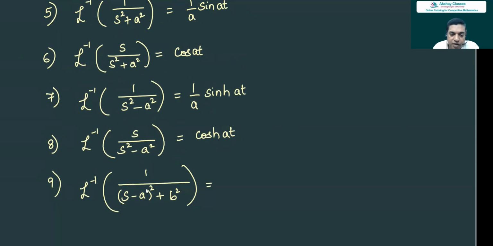Now this is 1 by s square plus b square, so it will be 1 by b sine bt, but s is replaced by s minus a. So definitely in the function you will have the e power at term, and this is sine bt into 1 upon b. So the same formula, just that s is replaced by s minus a.